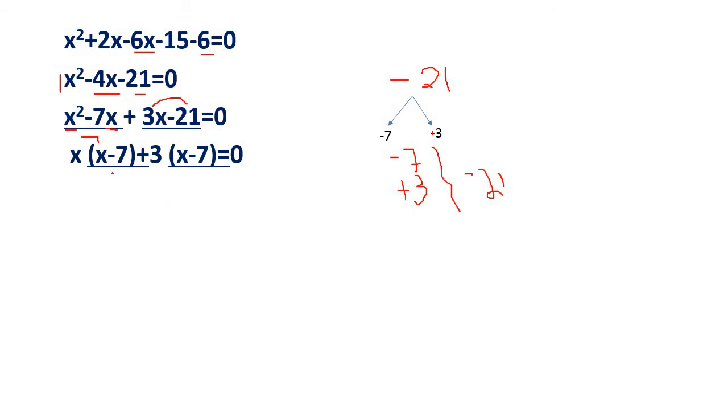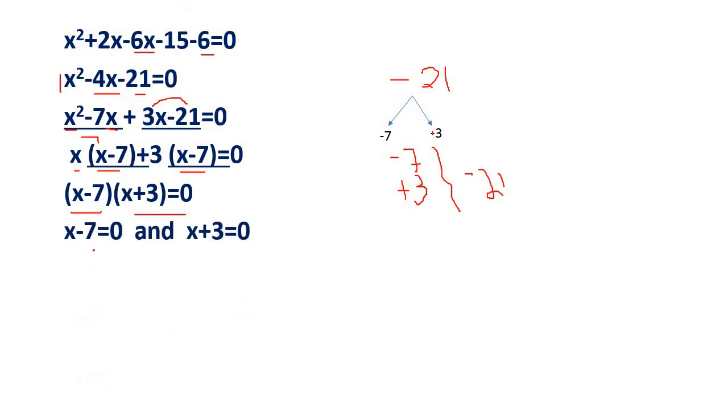Now we can group x minus 7, remaining terms are x plus 3, equal to 0. Therefore x minus 7 is equal to 0 and x plus 3 is equal to 0. So x is equal to 7 and x is equal to minus 3.